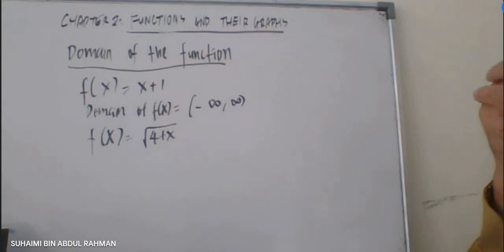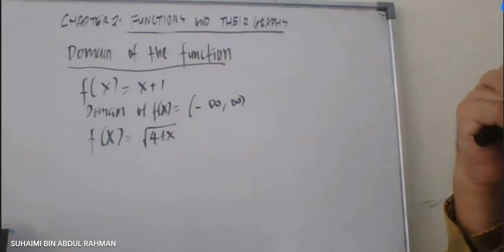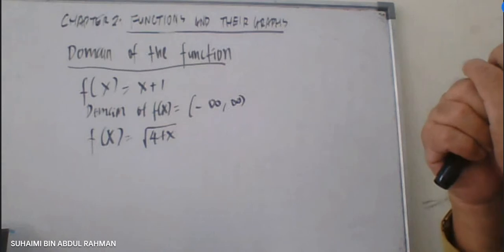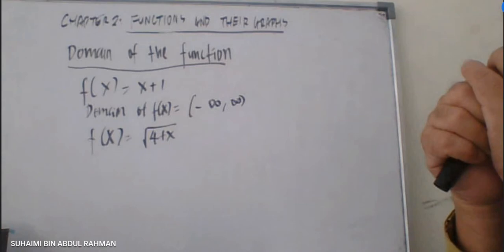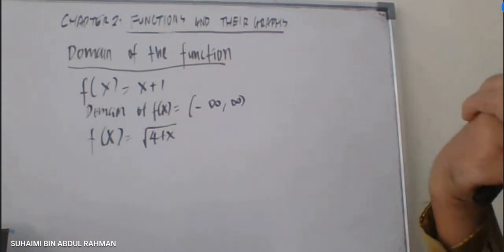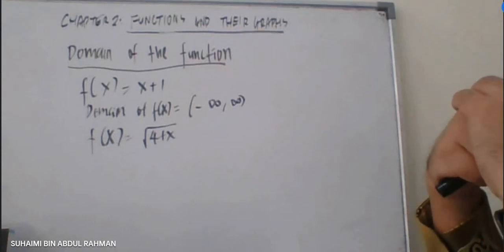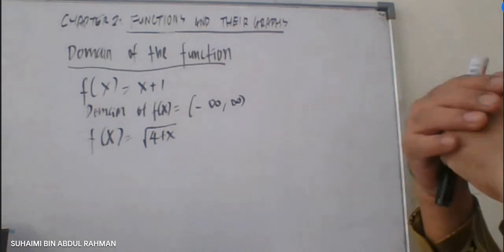You can only substitute if the value is more than -4. If we say more than -4, what happens if you substitute -5?